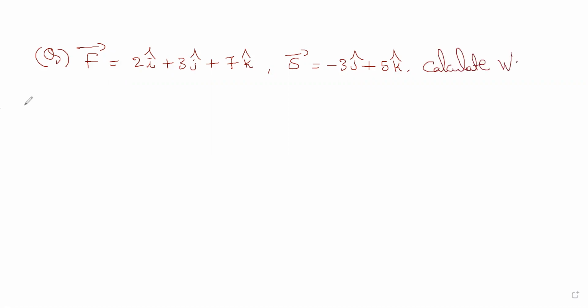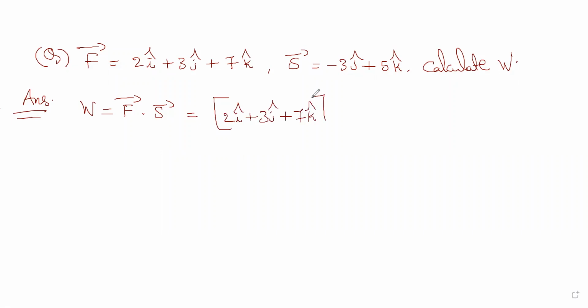So how do we do that? Work done is the dot product of force and displacement, that is F bar dot S bar. So 2i cap plus 3j cap plus 7k cap dot minus 3j cap plus 5k cap.